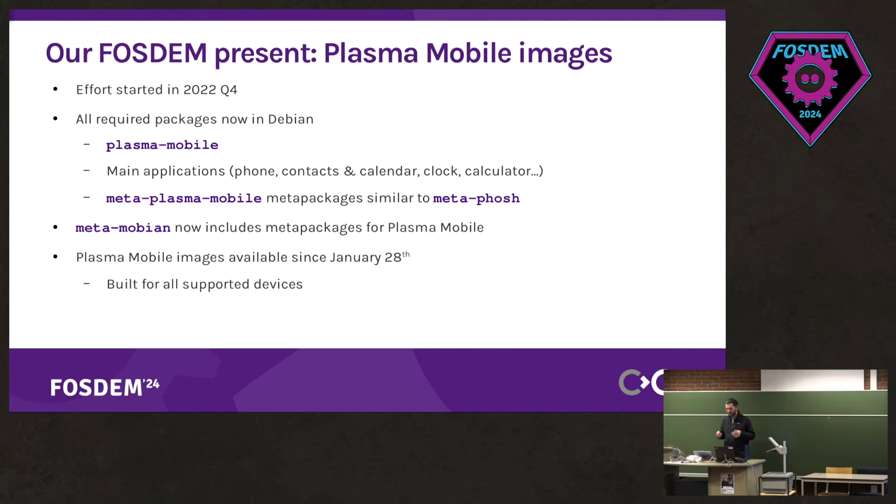And so Marco, one of the Mobian developers, worked on that for more than a year, and he managed to get all the needed packages in Debian itself, including the Plasma Mobile meta package, which you just have to install, apt install plasma-mobile-full, for example, and it will put in all the packages you need. And from there, we could build our Mobian image. So that's basically what happened over the last year.